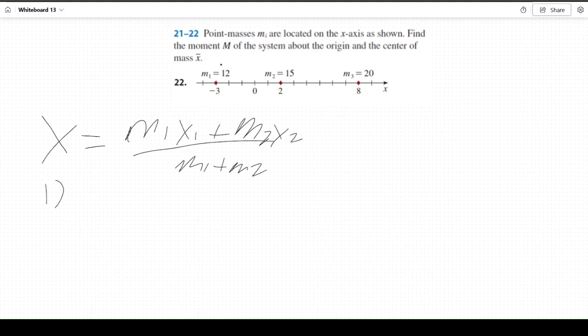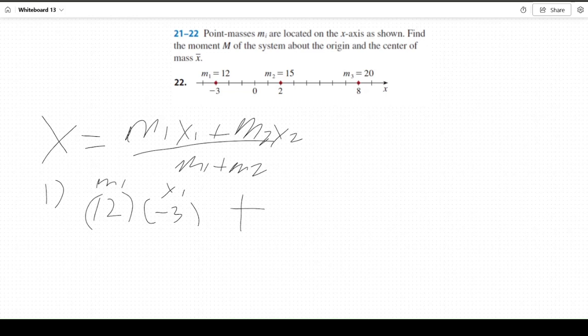Let's start with the first one. Here we have the first mass equal to 12. This is M1, and we have the first x, which we can name x1. Then we get another mass.